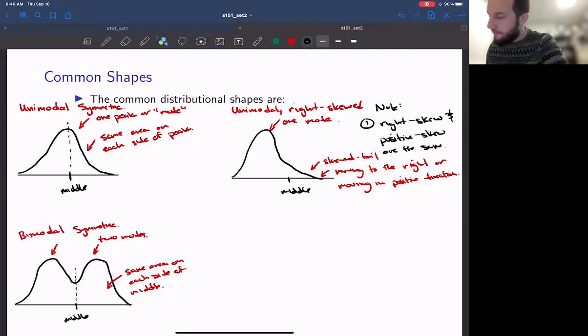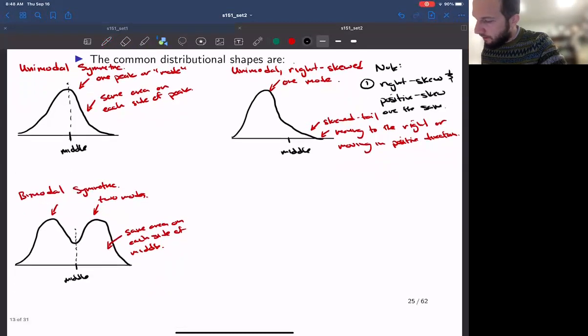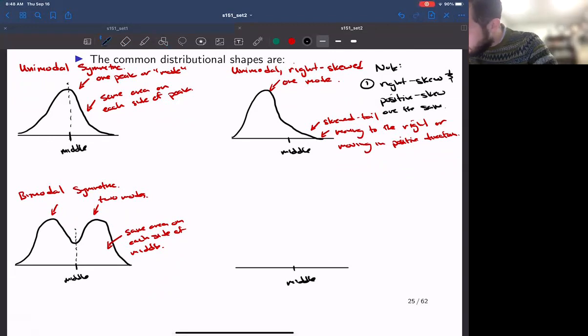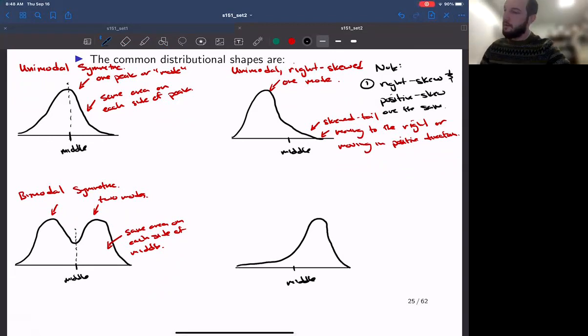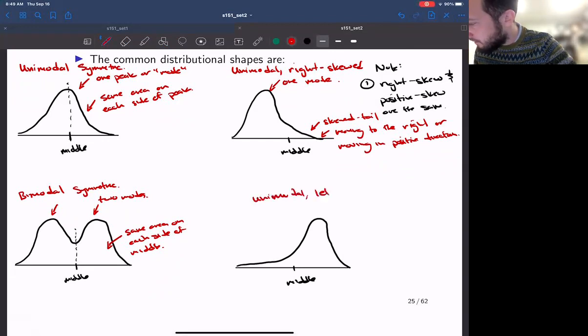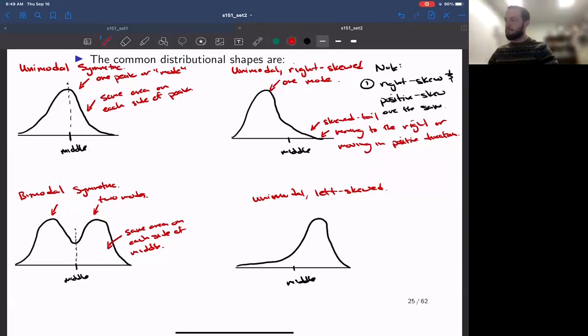Okay, so based off that definition, it would follow pretty naturally that our left skewed diagram is going to look very similar, except it'll just be the mirror image of the first one. So in this case, we might have something that looks like this. Right? So this would be unimodal left skewed.